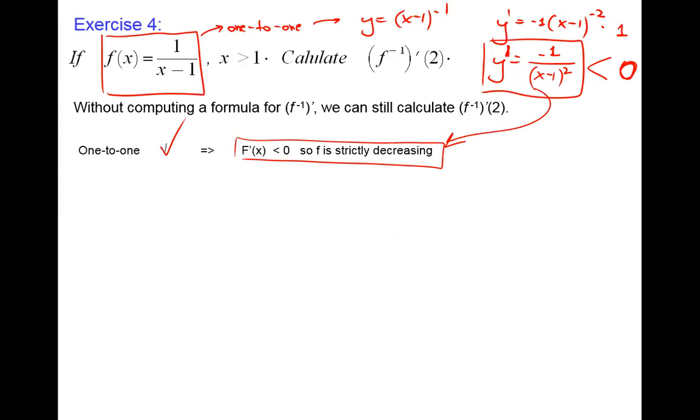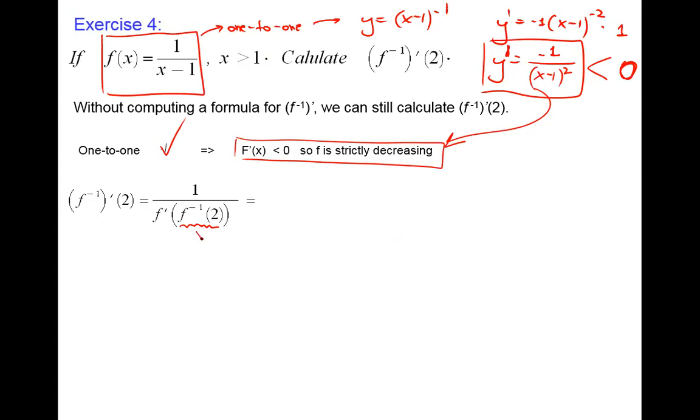Now, let's focus on the main question. We have to calculate f inverse prime at 2, and that's the formula: 1 over f prime of f inverse at 2. That means I have to find what f inverse at 2 is.